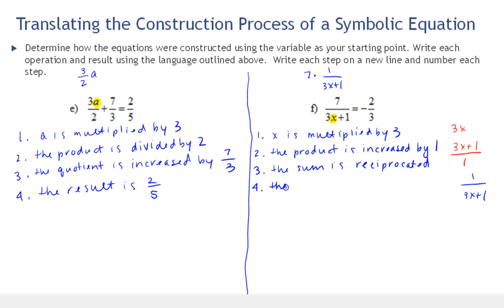So the reciprocal is multiplied by 7, and finally the result is negative 2/3. And we're done.